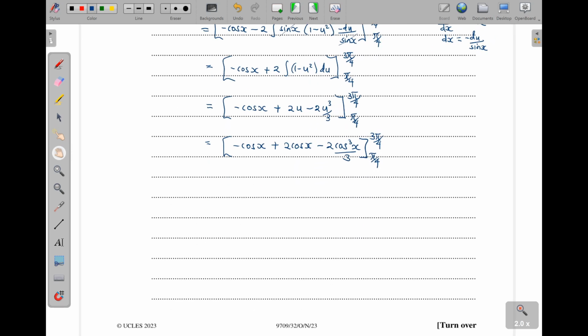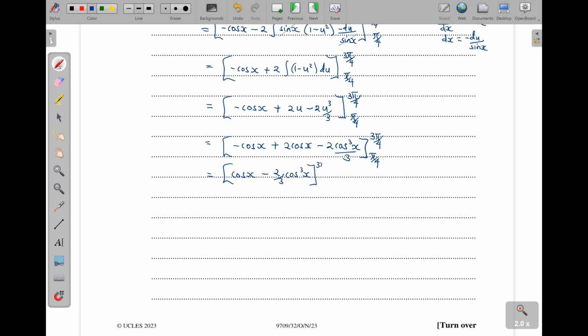Of course 2 cos x minus cos x, here we shall get a positive cosine of x, then minus 2 over 3 cos cubed x.